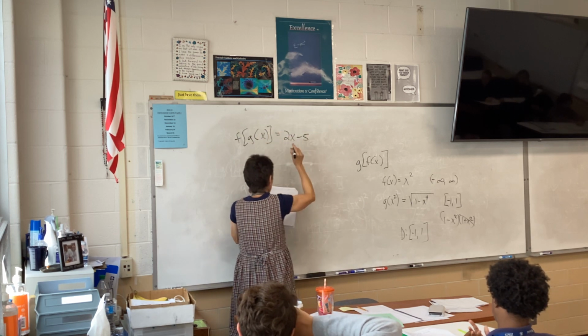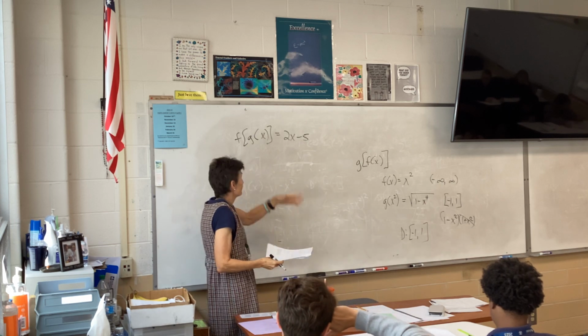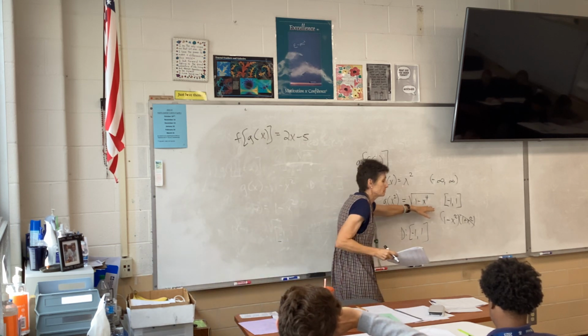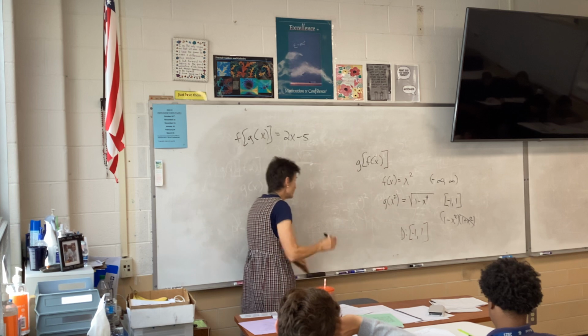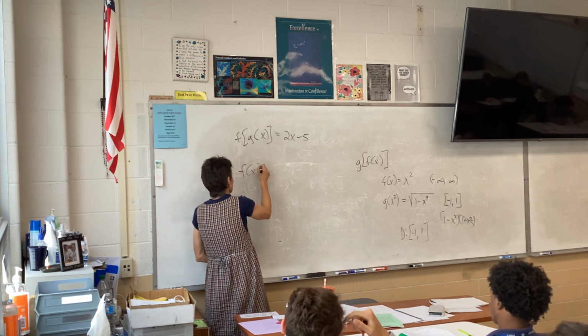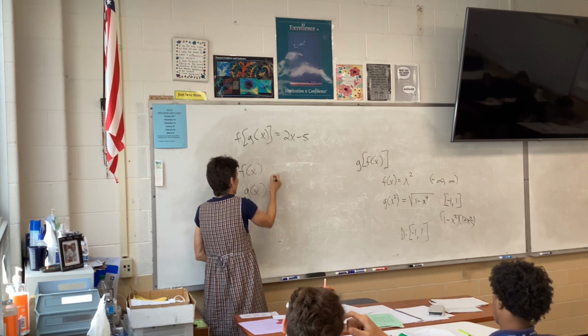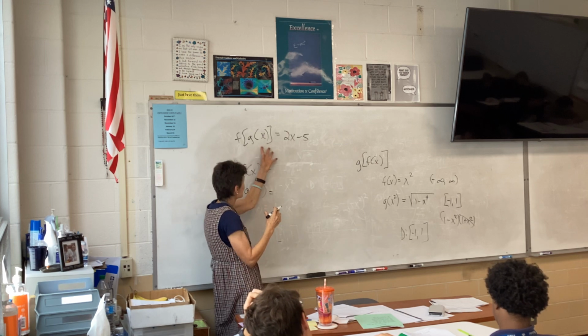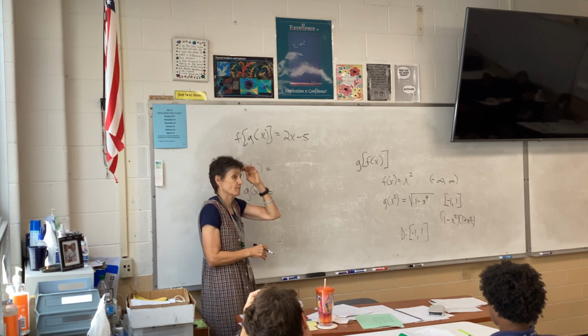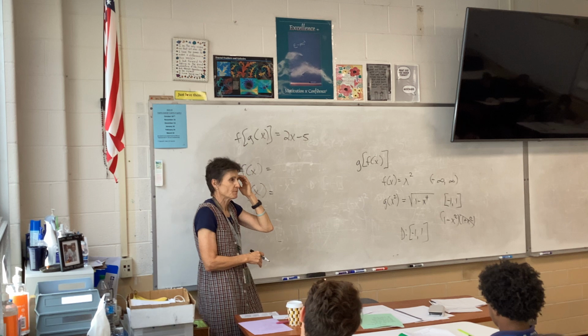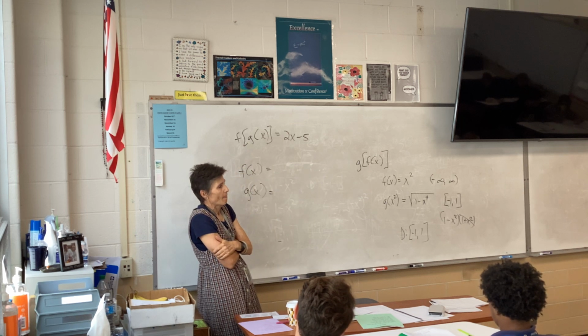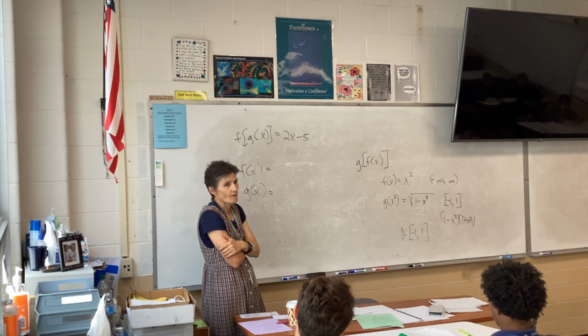So here is the answer, and you need to tell me what f of x and g of x are, that when I put them together, I got this answer. All right, this is an easy one. Think about it for a second, shout it out. What do you think my functions are?